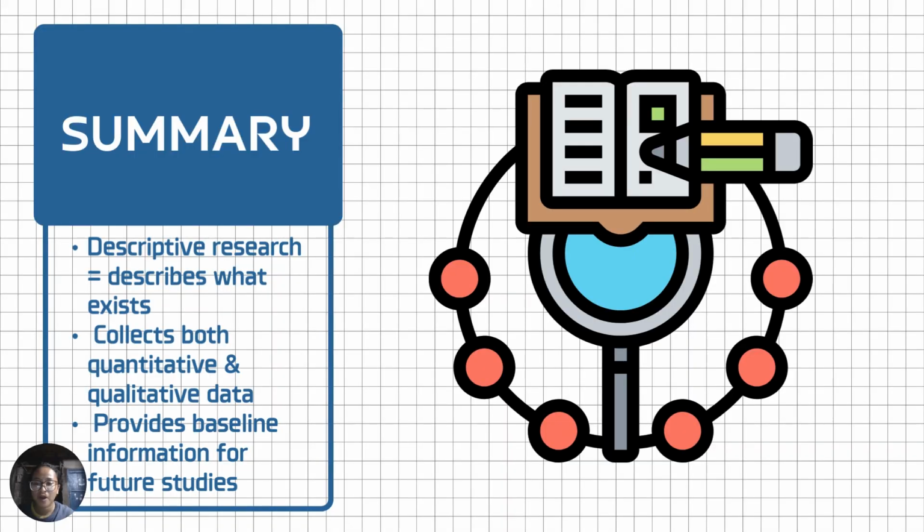So, to sum up our understanding, descriptive research describes what exists, and it collects both quantitative and qualitative data. It also provides baseline information for future studies. Descriptive research focuses on what exists, not why it exists.